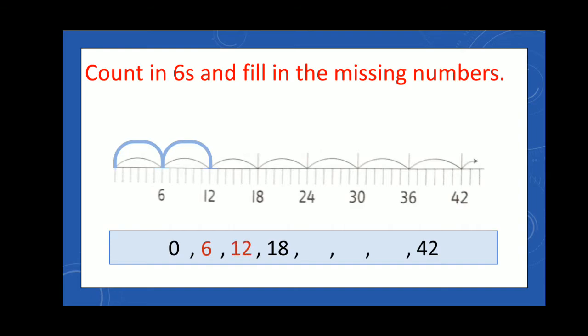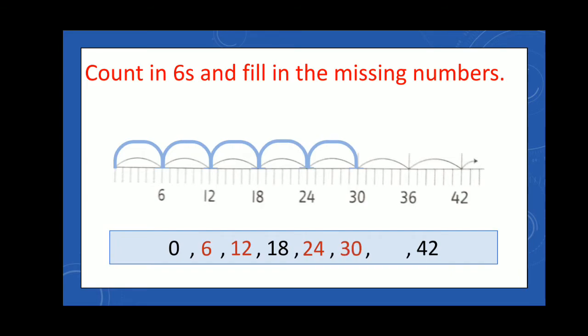Then he jumps to number 18. And from 18, he jumps to 24. Oh, 24 is missing. Let's write it. Then from 24, he jumps 6 to 30. Let's write the missing number 30. Then he jumps from 30 to 36.